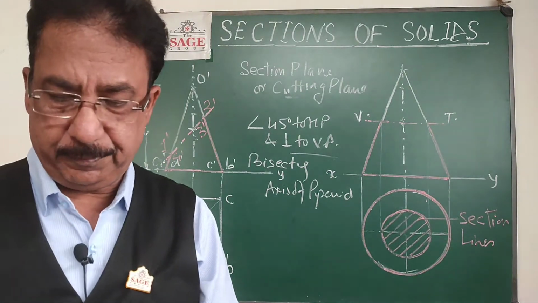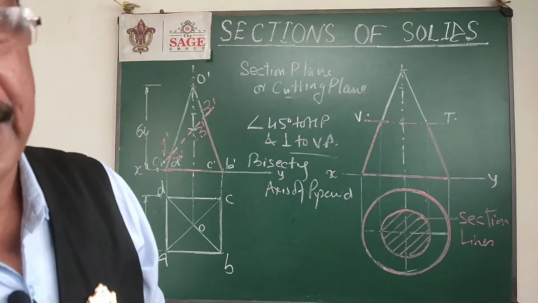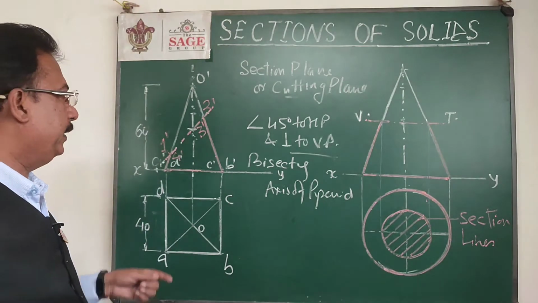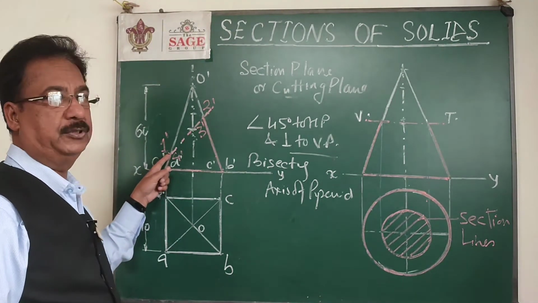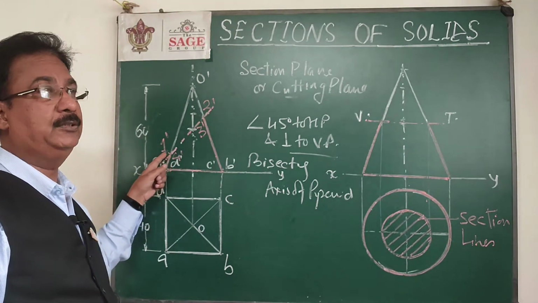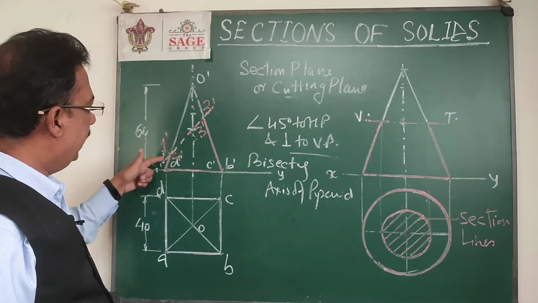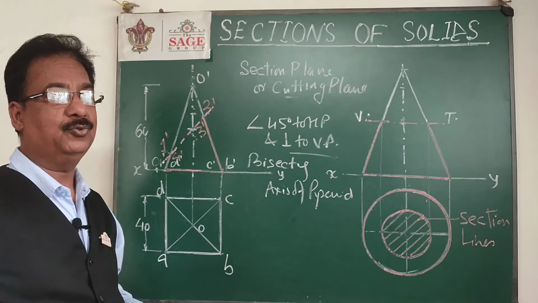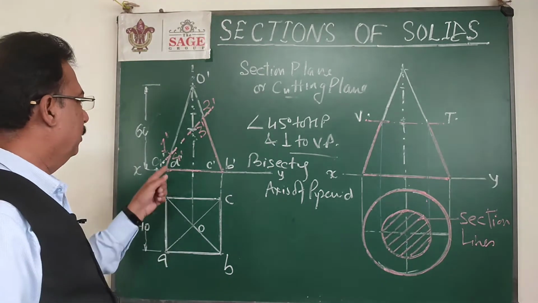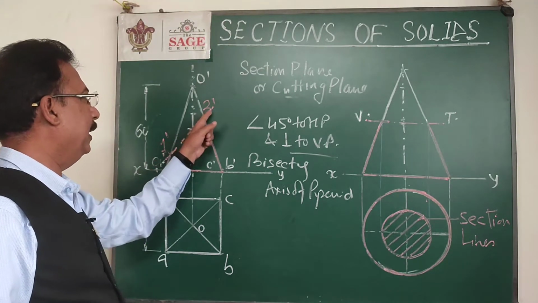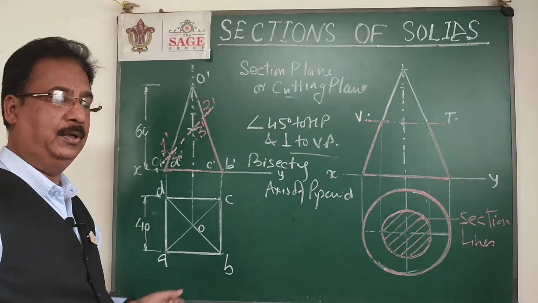So the concept is, we start naming the cutting points from left to right, and initially name those points which are on visible lines. So O dash A dash will be a visible line, but O dash D dash will be a hidden line behind, so I will name that later. So we move from left to right, then again back from right to left.